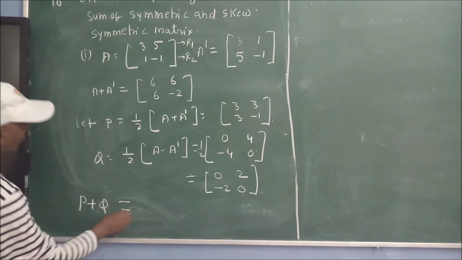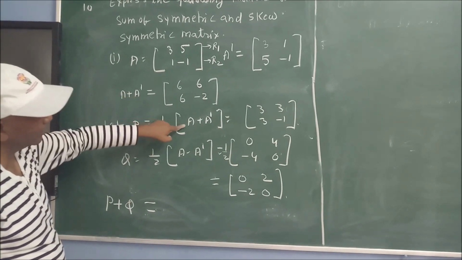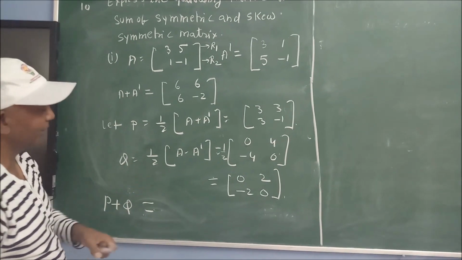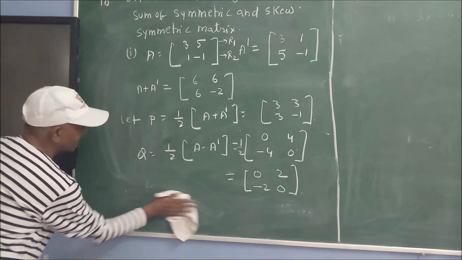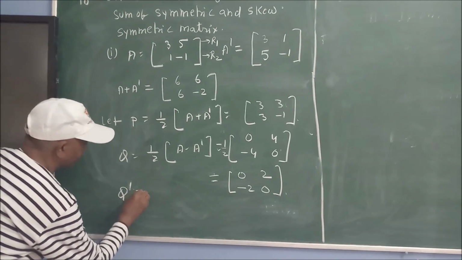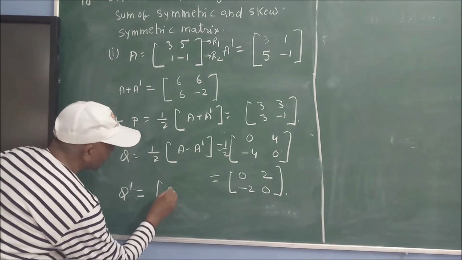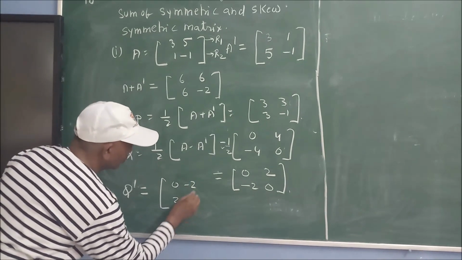That means we want to say that P is a symmetric matrix and Q is a skew symmetric matrix. How can we say? First you check that. Why am I saying that P is symmetric and Q is skew symmetric? Try to find the value of Q dash. Q dash can be written as 0, minus 2, 2, 0.